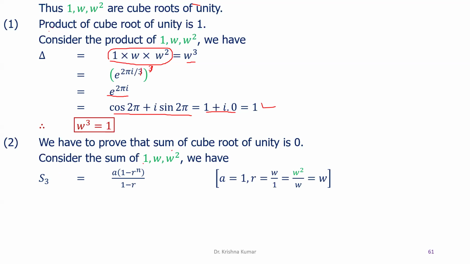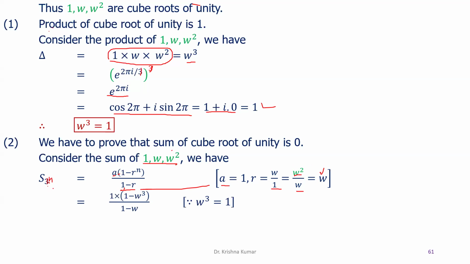The sum of the first n terms of a geometric series is a into 1 minus r to the power n, whole divided by 1 minus r. Here a is the first term, which is 1, and r is the common ratio, omega upon 1, which is equal to omega square upon omega, which gives us omega. And n equal to 3.